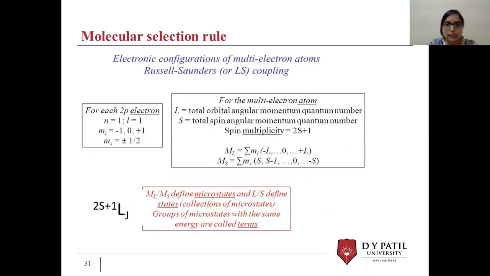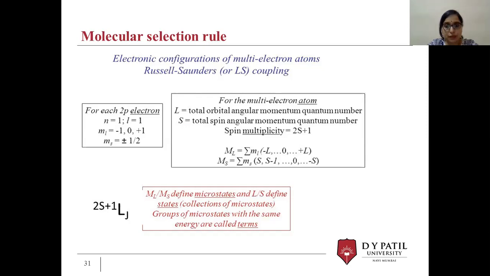It states that the total angular momentum M_L is the summation of m_l, whereas L can range from minus L to 0 to plus L. Similarly, M_S also equals the summation of spin magnetic moments, and S can range from S, then S minus 1, to 0 to minus S. So here is a small denotation which can help you to determine the molecular selection rule.